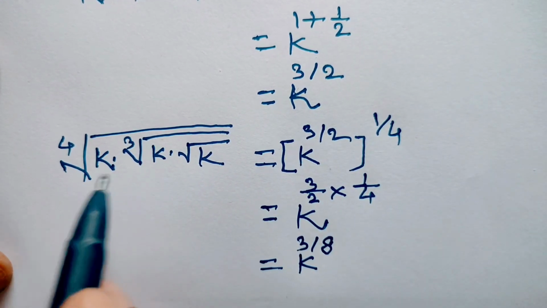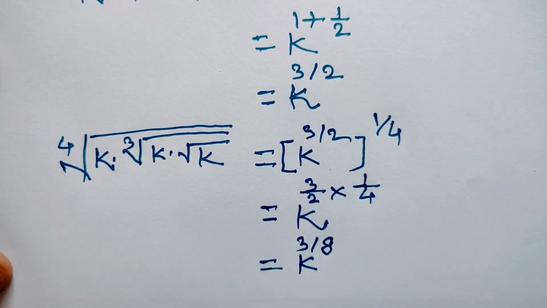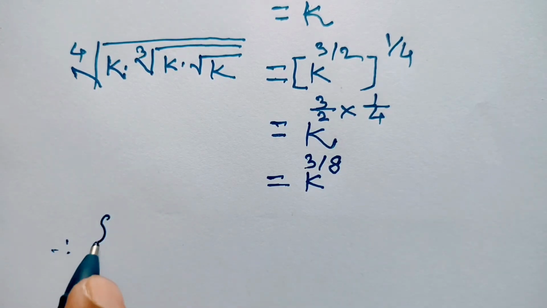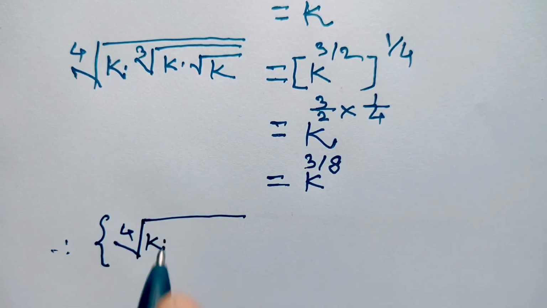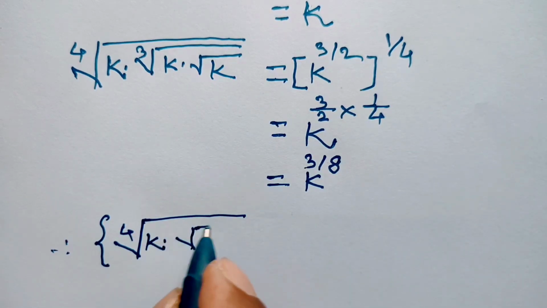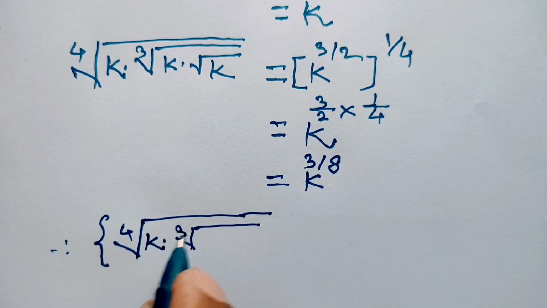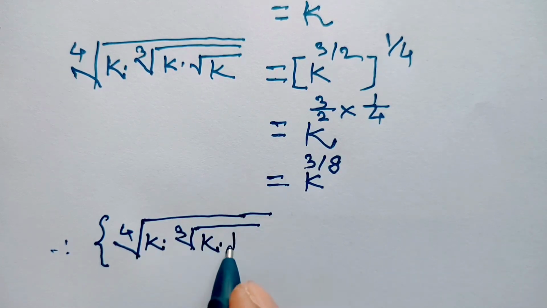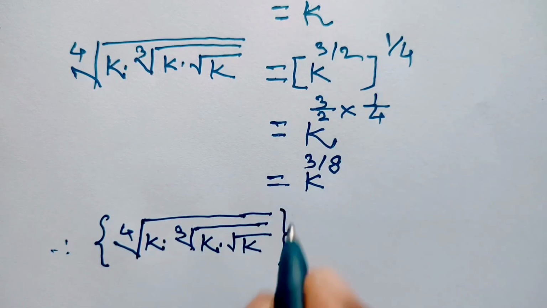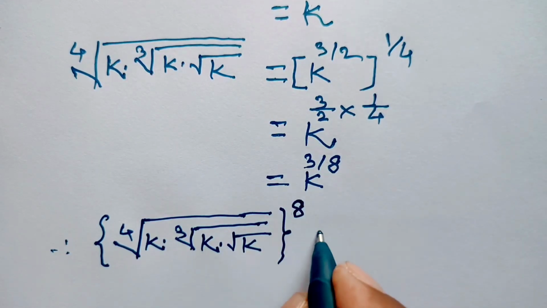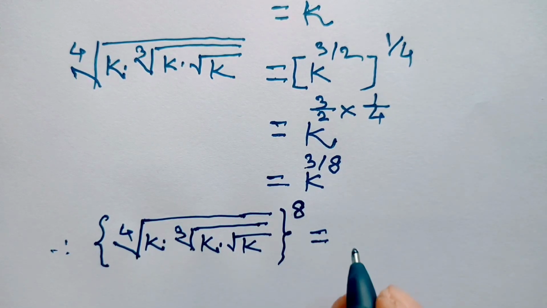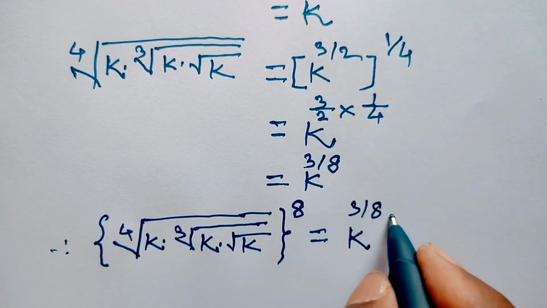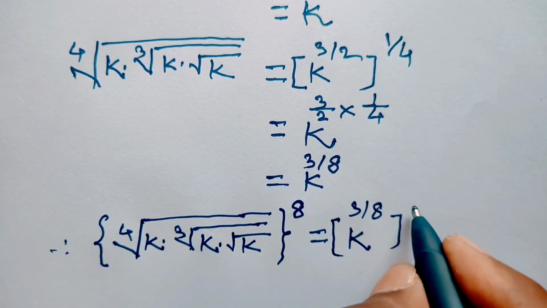Now we have to take 8 power of both sides. Hence, fourth root of k into cube root of k into square root of k, its power 8 is equal to, value of this bracket is k to the power 3 upon 8 and its power 8.